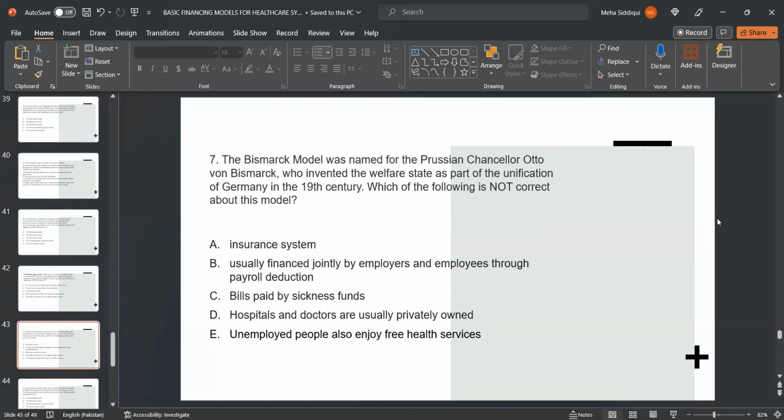Unemployed people also enjoy free health services. Any idea? C is the right option because unemployed people cannot be offered the health services. Only the employed people can enjoy free health services because it is funded by their payroll deductions.